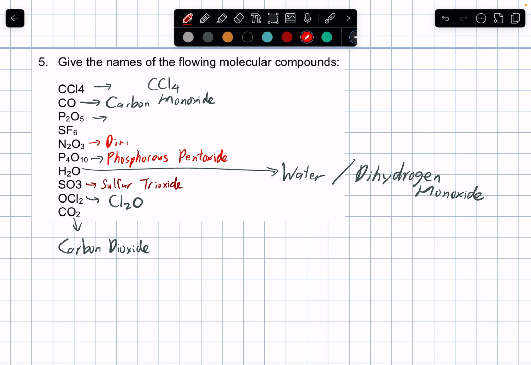Dinitrogen trioxide. N2O3. Yeah, that's correct. This one is sulfur hexafluoride. P2O5 is, what is P2O5?